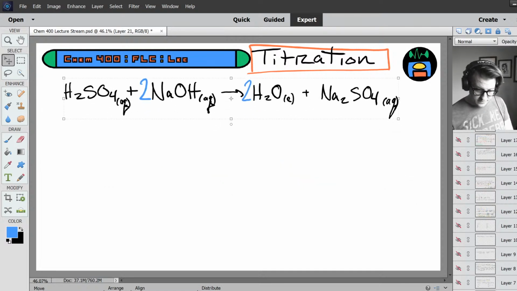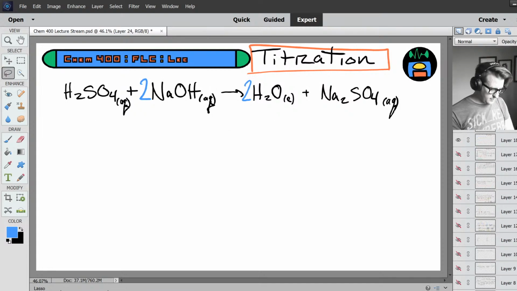I'm just going to rewrite some of our given information from the previous slide, so we have it for context. We have been given, let's see, okay, so we know our molarity of sodium hydroxide.